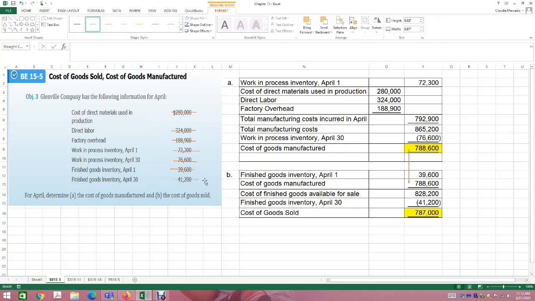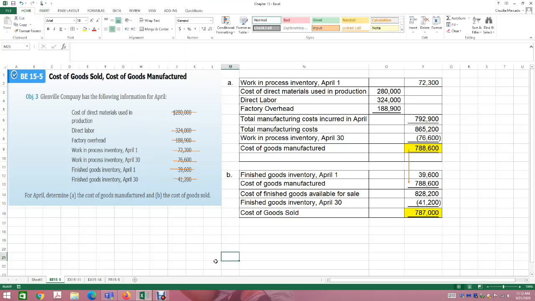So if you notice here, I've used up all of my numbers, and I was able to calculate both my cost of goods manufactured, which is how much it costs you to manufacture your goods, and then our cost of goods sold, which is the actual dollar amount of the finished goods that you actually sold to customers.